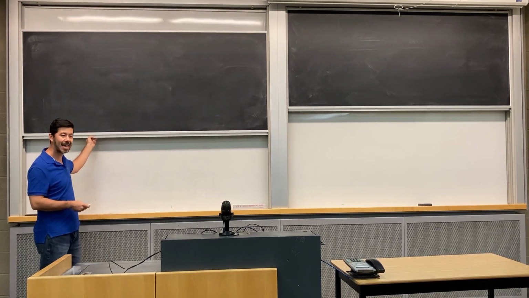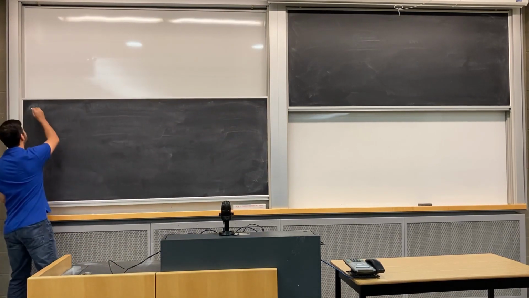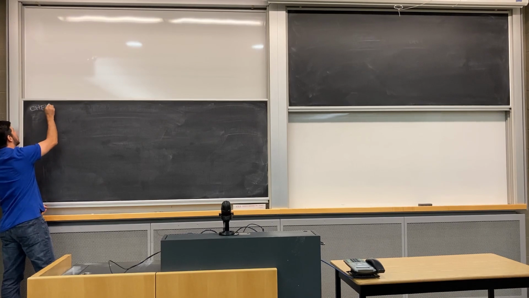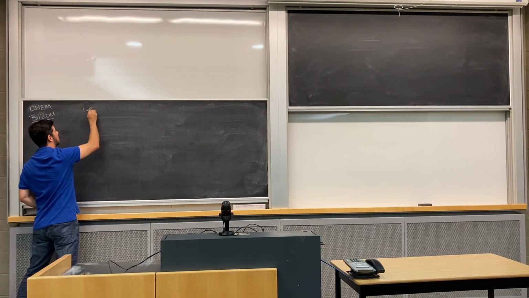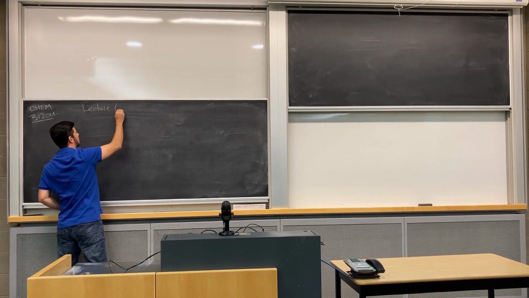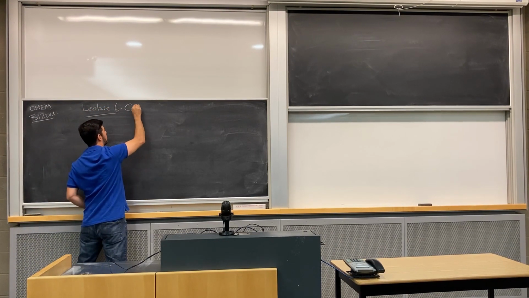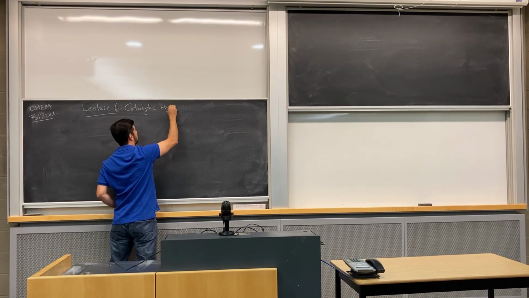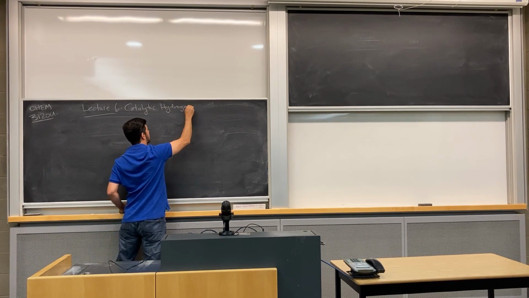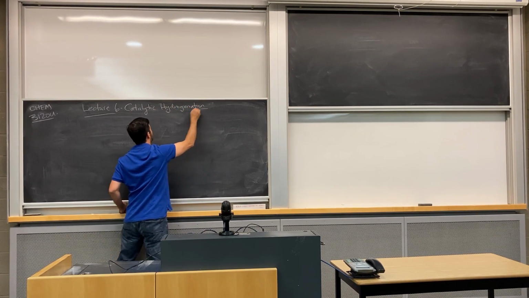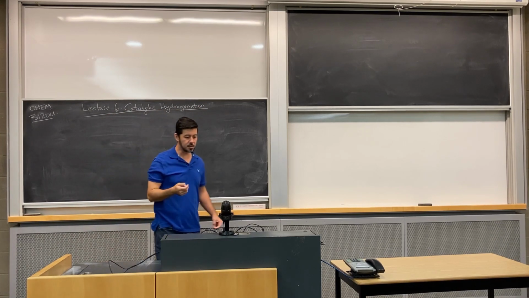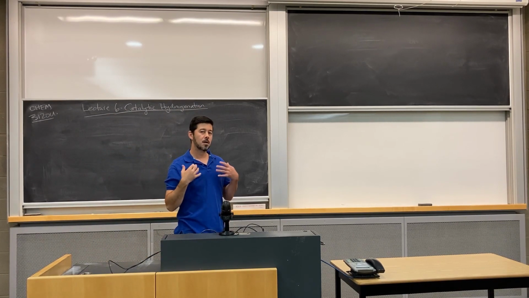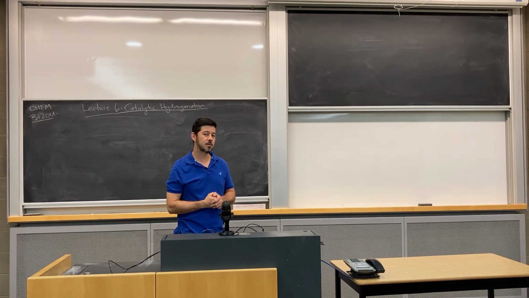Today we're going to talk about catalytic hydrogenation. In this unit, we're going to talk about how hydrogen can be used as a reducing agent to reduce a variety of functional groups.